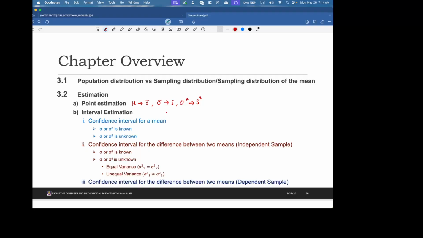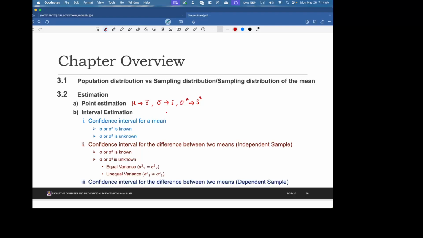But what are the differences? The difference is, if you use symbols like mu, sigma, sigma square, it is actually for the population.